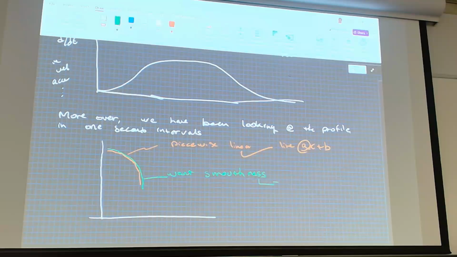This is going to be not just x to the 1, but we need higher order polynomials in the positional time derivatives.